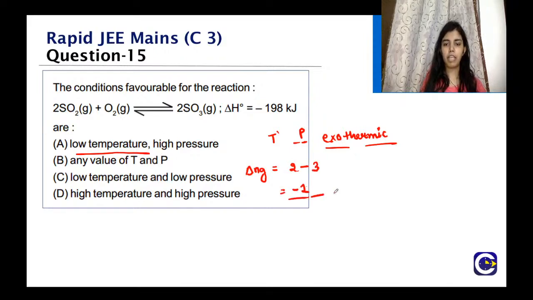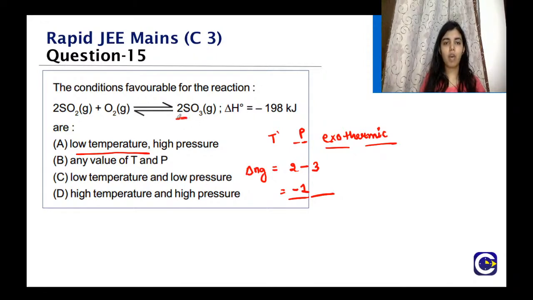That means if you decrease the pressure, according to Le-Chatelier's principle, the reaction will move to the side where there are more gaseous species, that means backward, but we need to move the reaction forward. So if you increase the pressure, according to Le-Chatelier's principle, the reaction will move in the direction where there are fewer gaseous species present.